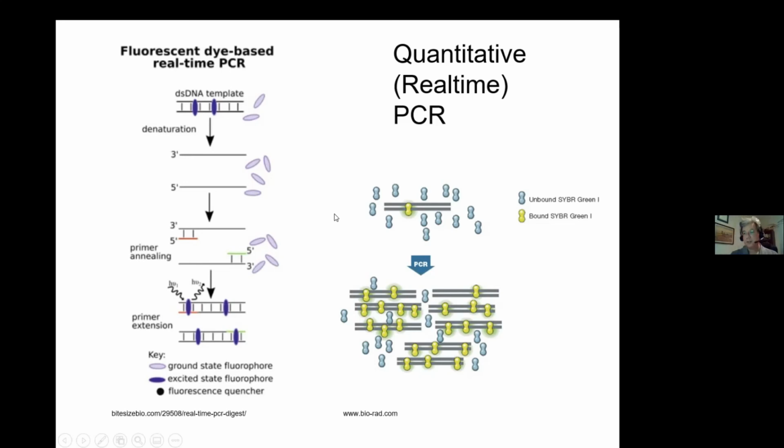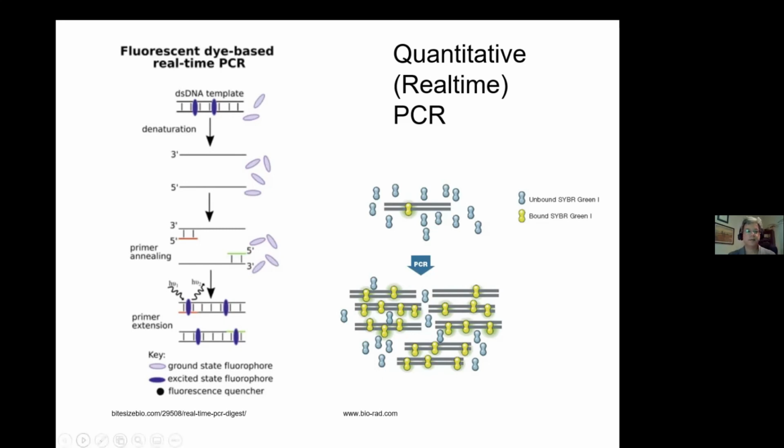So in the instrument, as you're watching this happen, if there's one or a few or five double helices, when the DNA number is low, then the signal is low. When the DNA number is really high, then the signal is high. So the more DNA, the more light is produced, or more fluorescence is produced.